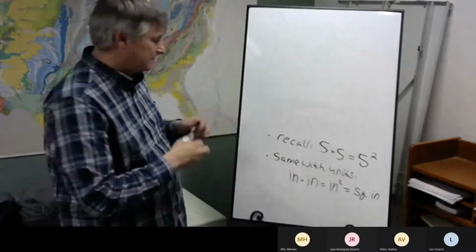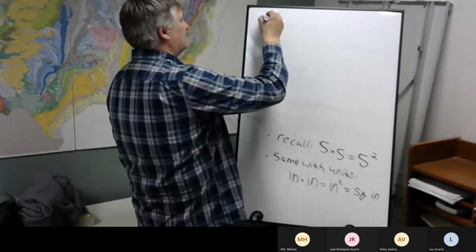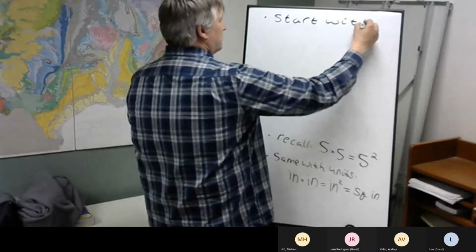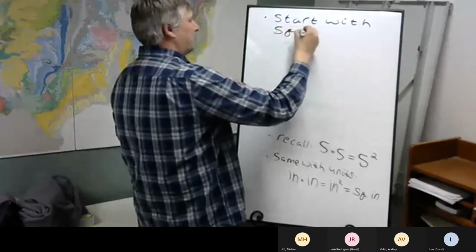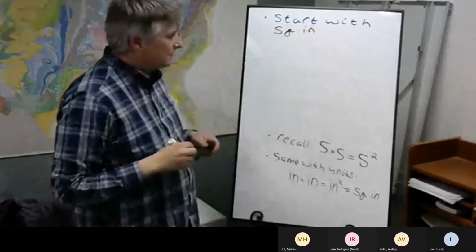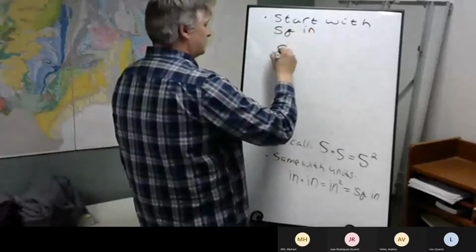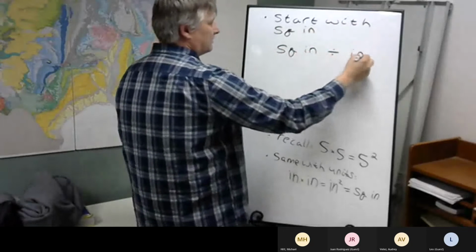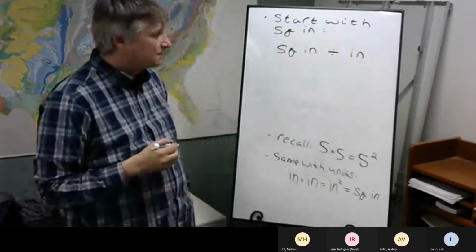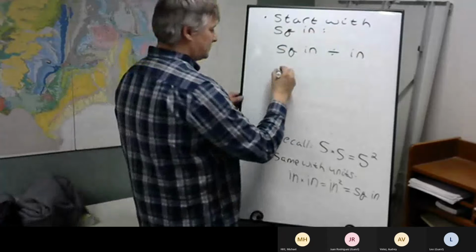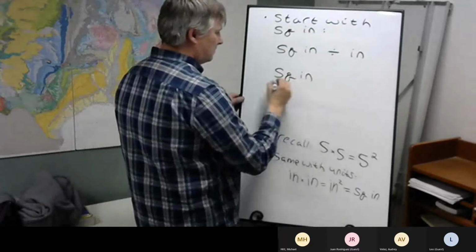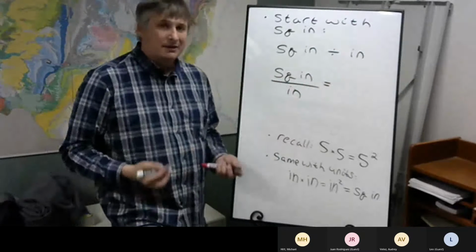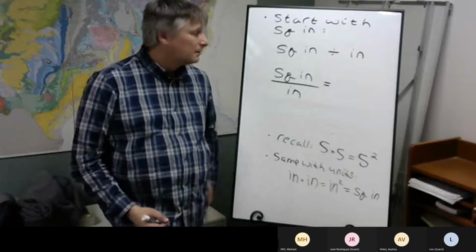Now, likewise, let's say we start with square inches. Now, if we take square inches and we divide by inches, well, we can think of this as square inches over inches. The reason being, again, is division and fractions mean the same thing.